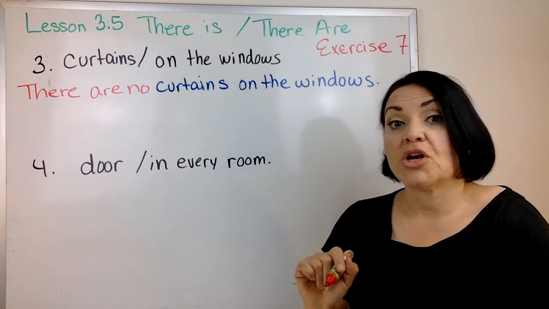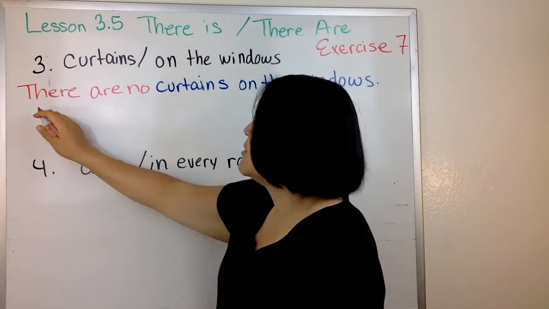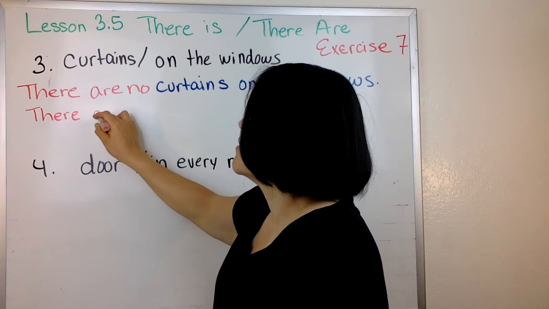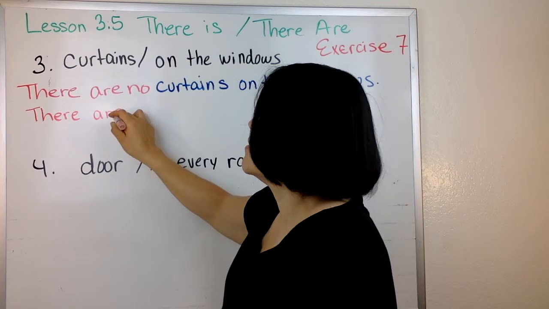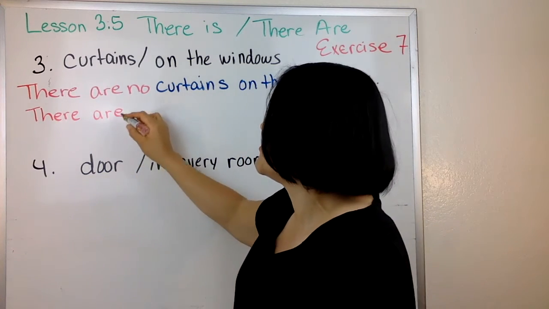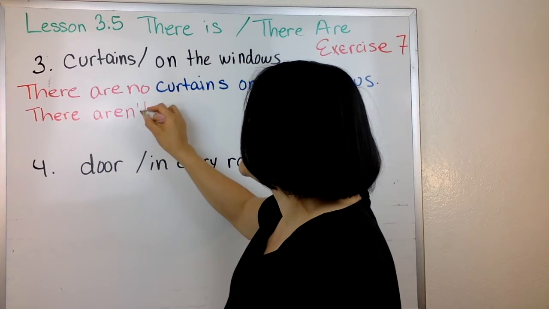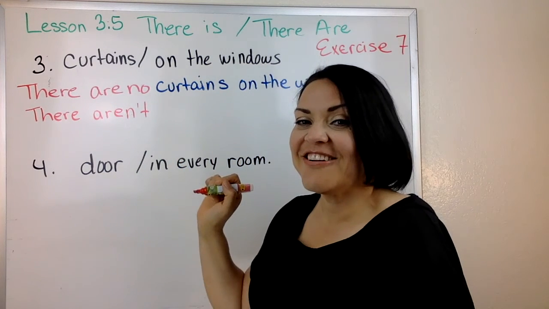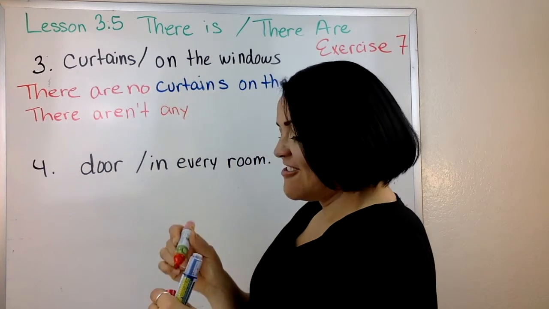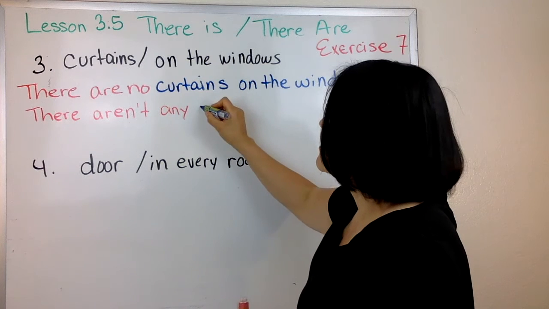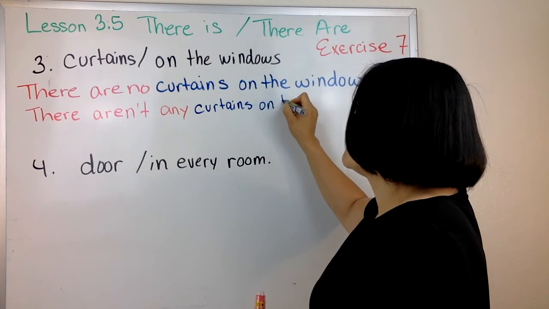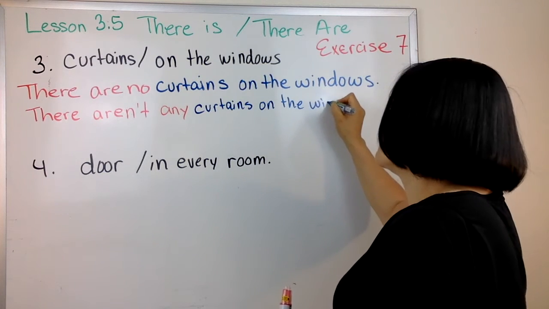If we're going to use the word not, we would put there are, we'll try a contraction because we like to use contractions in English. So there aren't. Does it need anything here? There aren't any. There aren't any curtains on the windows.